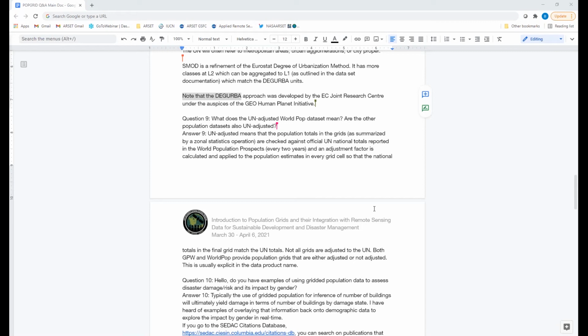Based on our totals versus the UN totals, we calculate an adjustment factor that is then applied to the population estimates in each grid cell so that the national totals in the final grid match the UN totals.